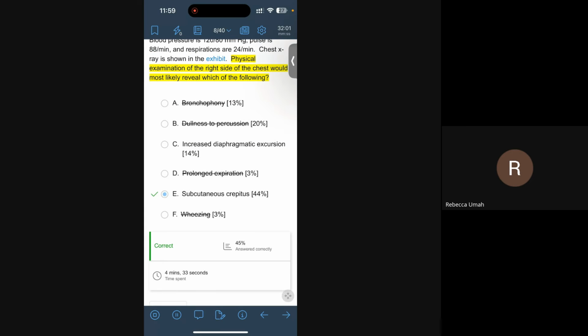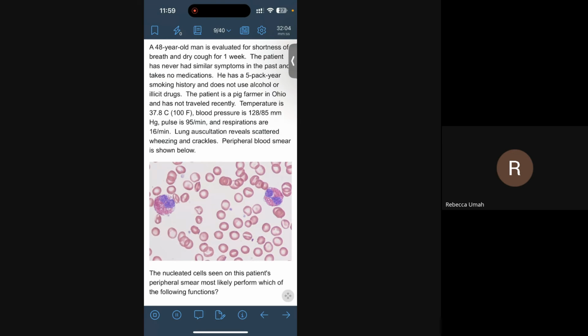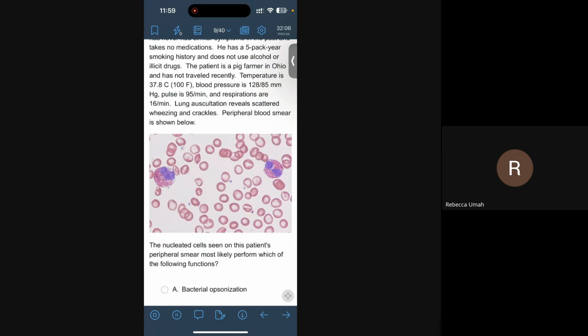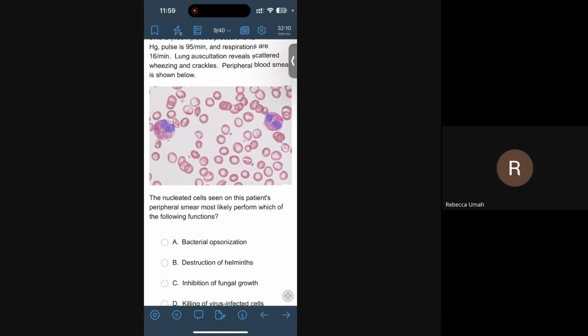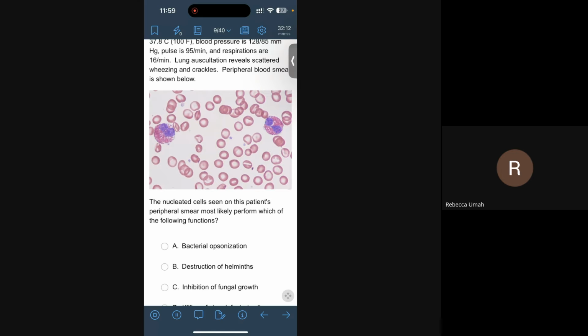Okay, let's move on to the next question. The nucleated cells in this patient, these white blood cells, are granulocytes or agranulocytes? Granulocytes.